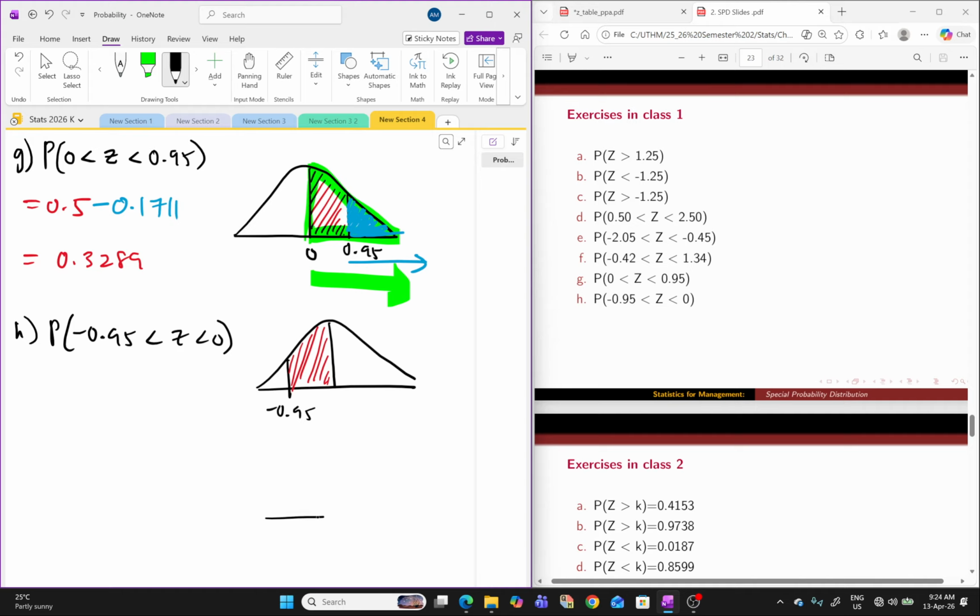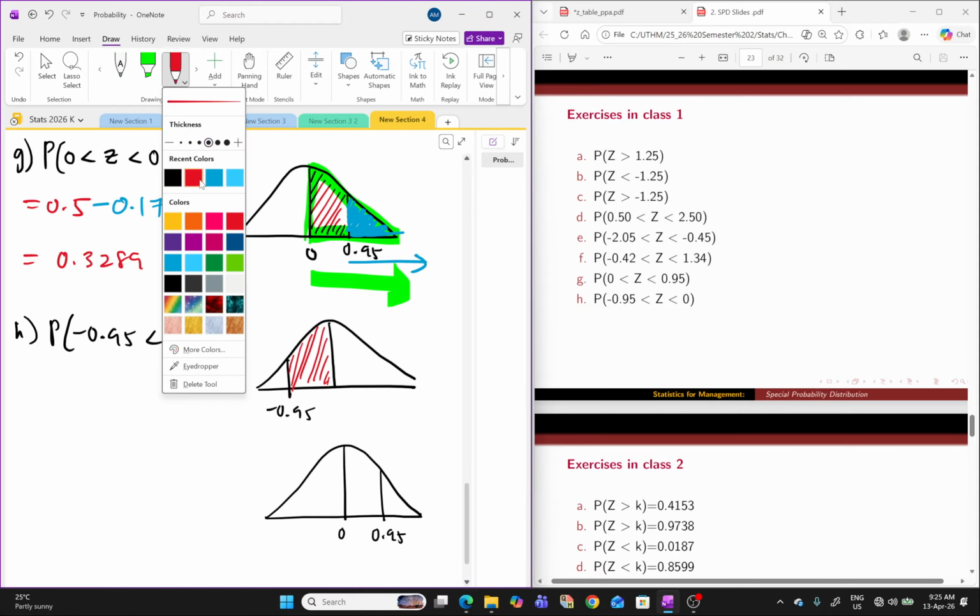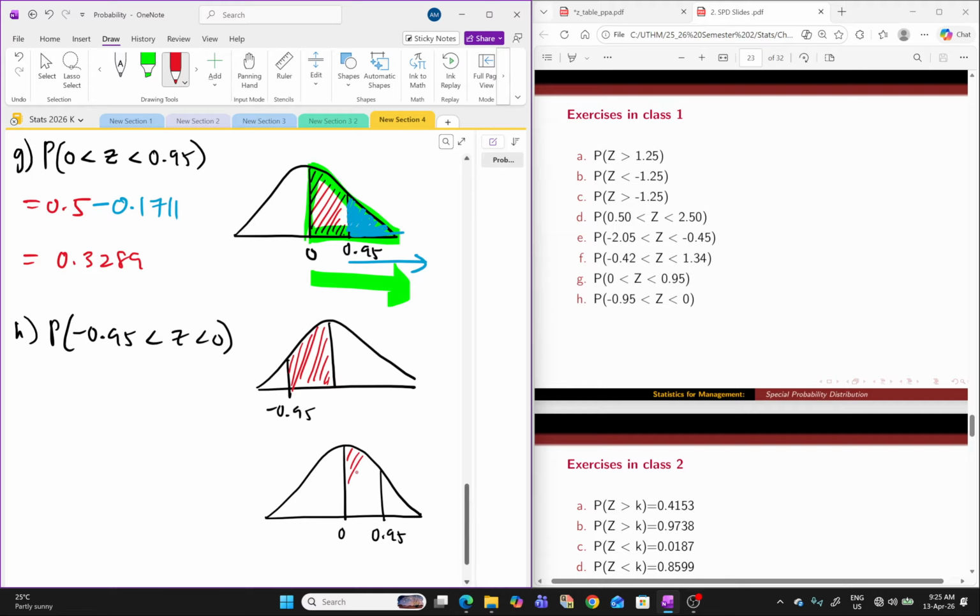You change it to positive. You change to positive, but this is the same as the previous one, isn't it? So it is the same, the answer is also the same, copy.